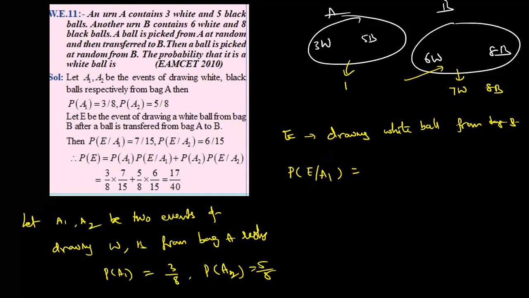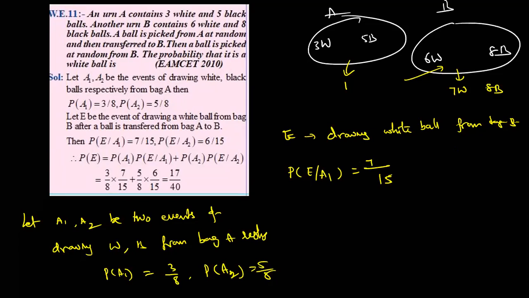That means drawing a white ball means 7 white balls by total number of balls, how many are there? 15. That is the meaning. Why? Because we pick one ball and put it into another bag B. So P of E by A1 means what here? The conditional probability of the event E when the A1 event has already occurred.